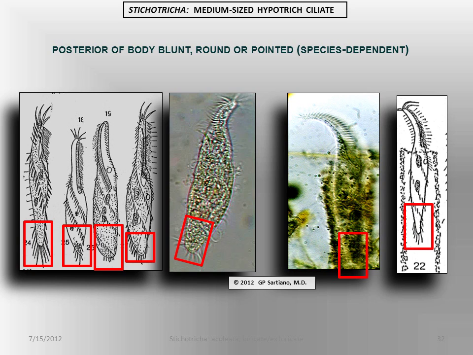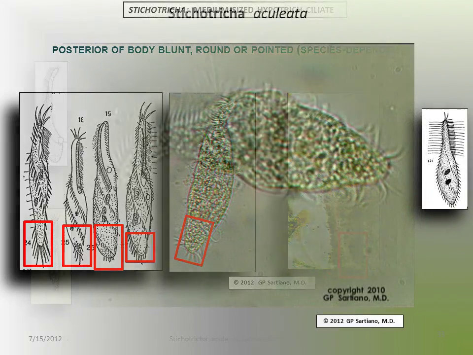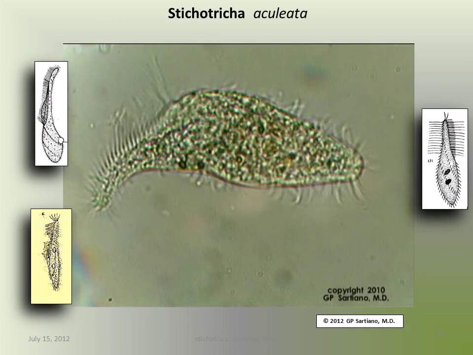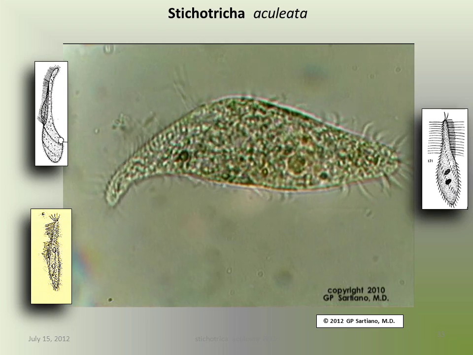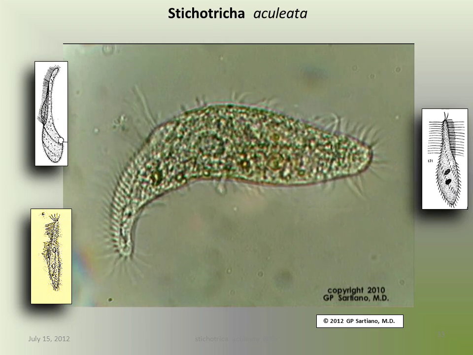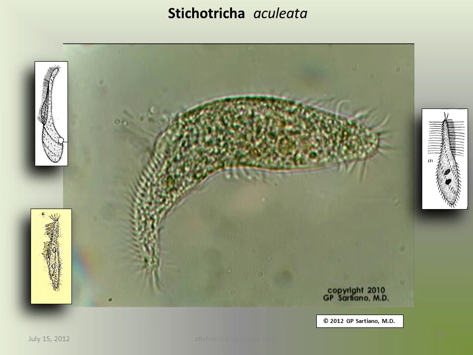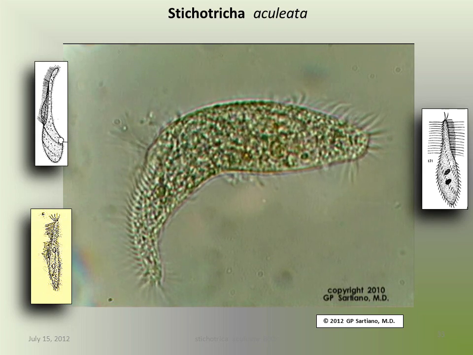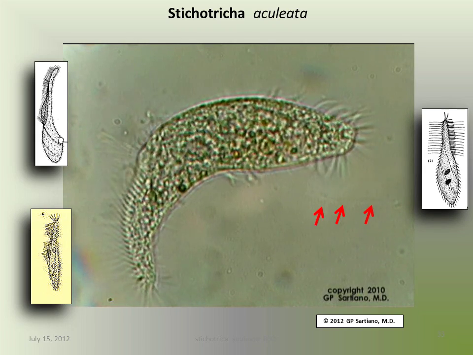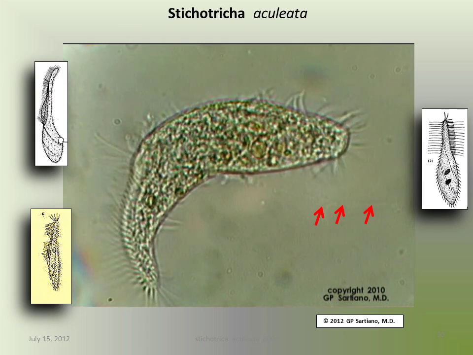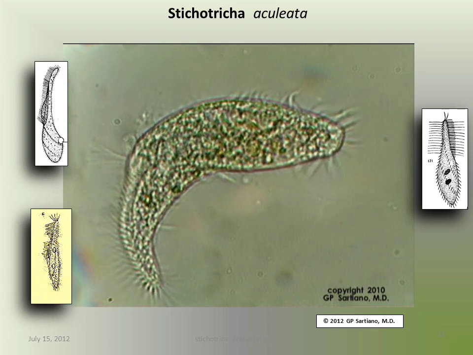This appears to be a species-dependent feature. This organism has largely exited from its lorica under cover slip pressure. The dim outline of the compressed margin of the lorica can be seen below and behind the organism.